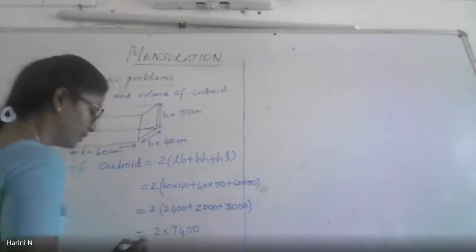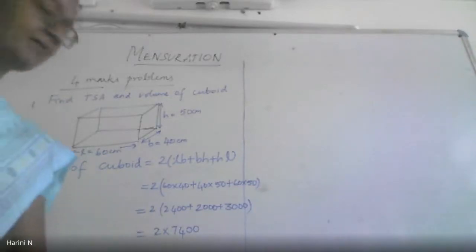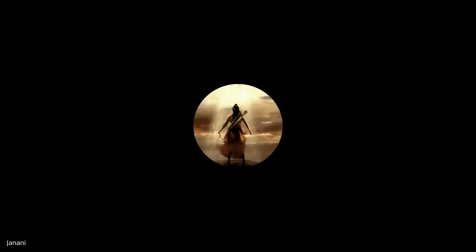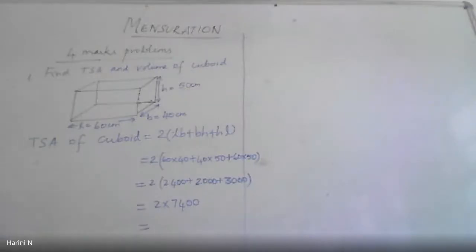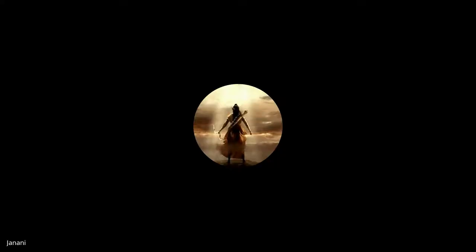Correct? See if you're getting the same. 2 times 7400. Multiply and find out how much it is. 14800. Yes. What is the unit? Centimeter square. Yes.